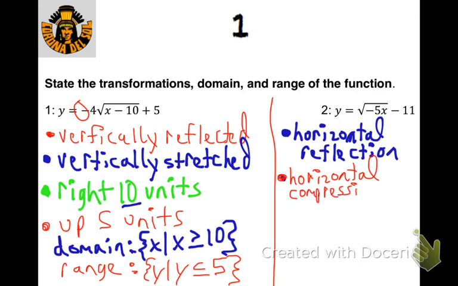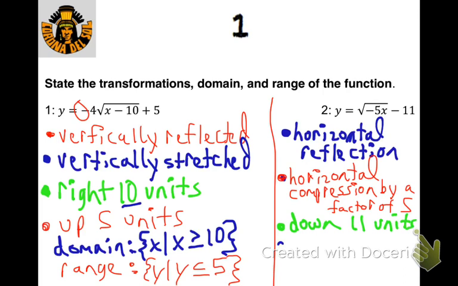It's a horizontal compression by a factor of 5. Then we have the minus 11, so that's down, and that's down 11 units.